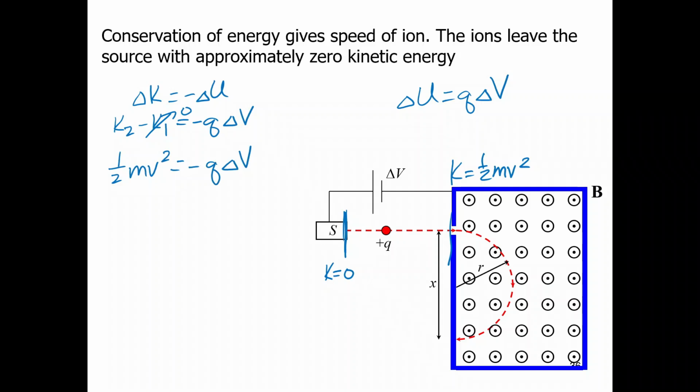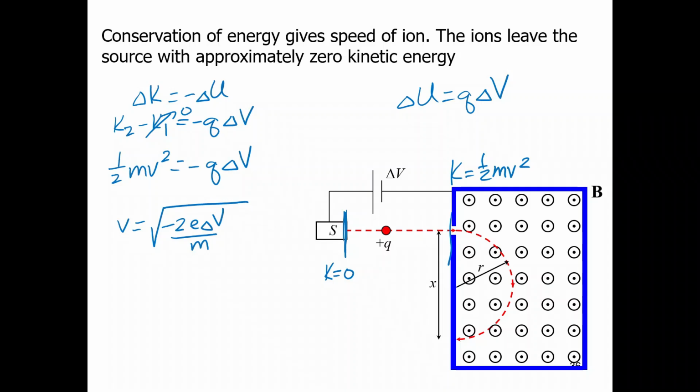So in this case, we are going to use this equation to solve for my speed. When I do that, I find that my speed is going to equal the square root of negative 2e delta V over m. I'm using E for Q because it is a single elementary charge, 1.6 times 10 to the negative 19 coulombs.